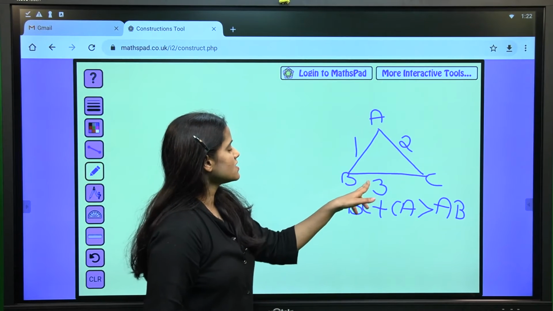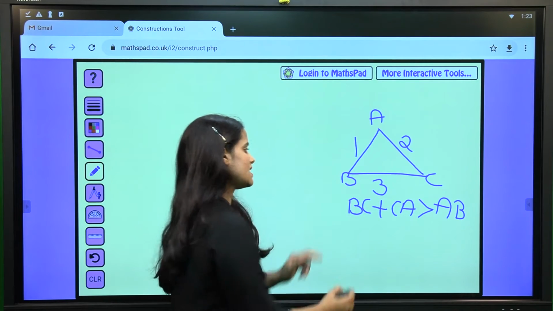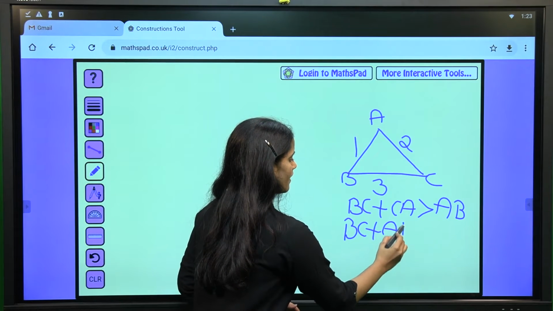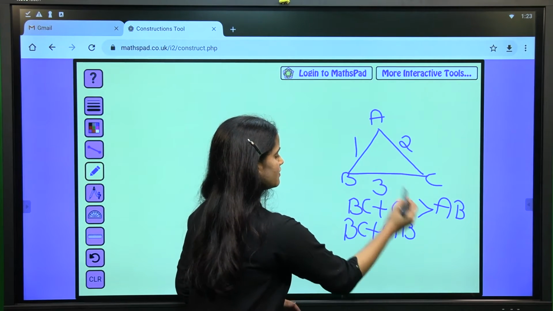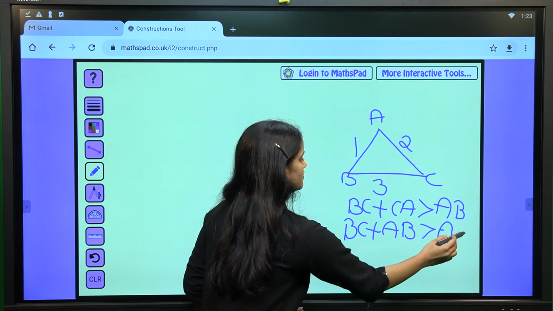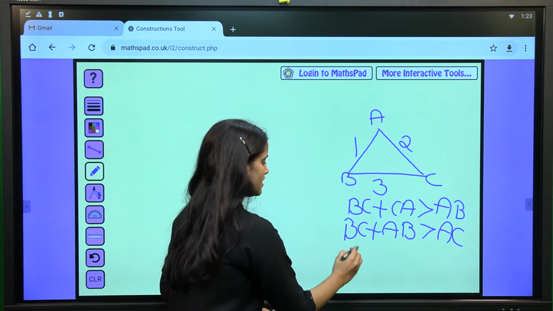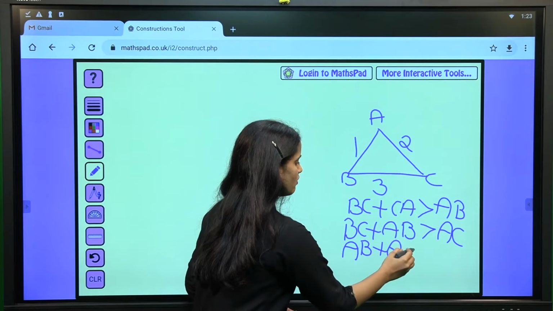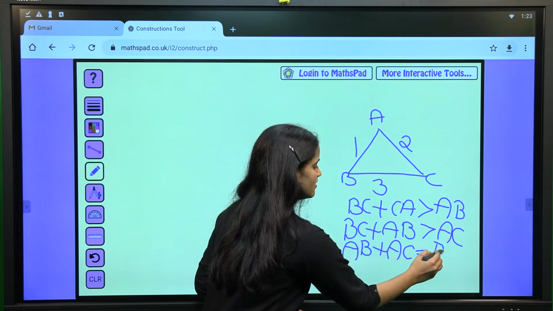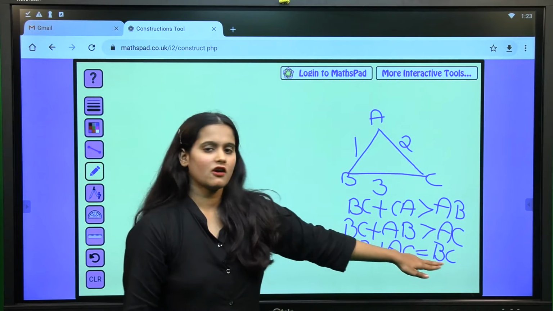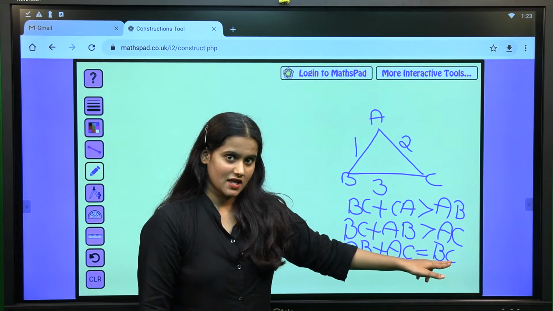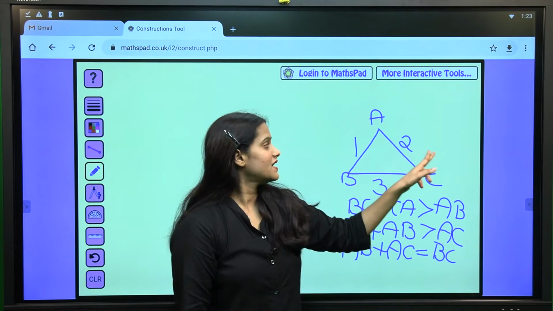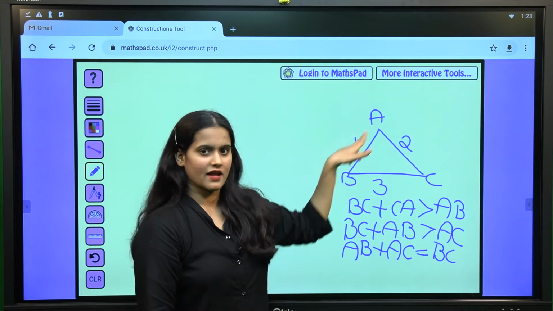And one more thing was, BC plus AB was greater than AC. But AB plus AC was equal to BC. One of the conditions did not match. Let's see whether I can construct this triangle or not, if it is having these as lengths.